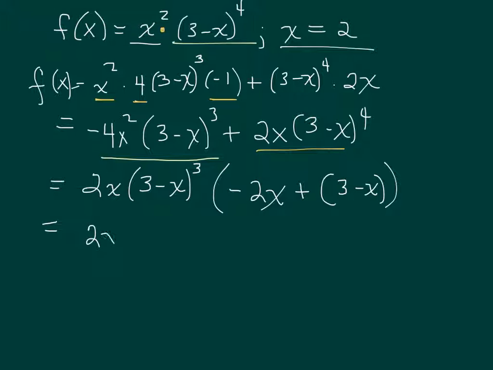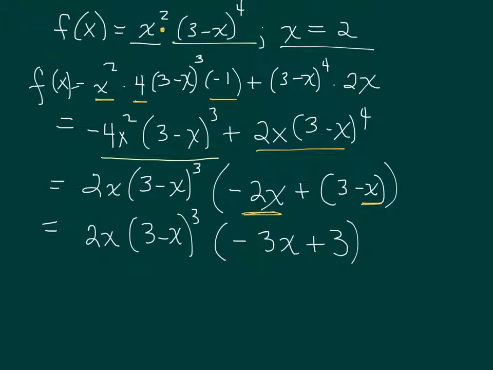And then from here, notice I can combine like terms. So that's going to be -3x plus 3. Then out of this last piece, I'm going to factor out a 3.